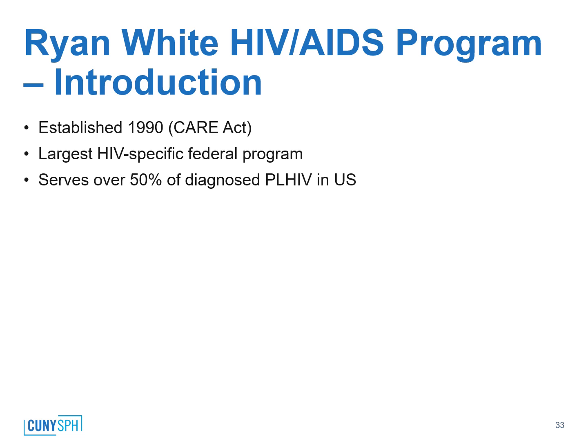The Ryan White program was established in 1990 under the CARE Act, and it remains the largest HIV-specific federal program and serves more than half of the people living with HIV in the United States. Particularly, it covers those who are uninsured or underinsured.